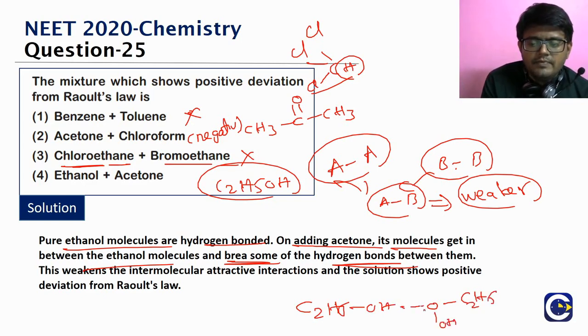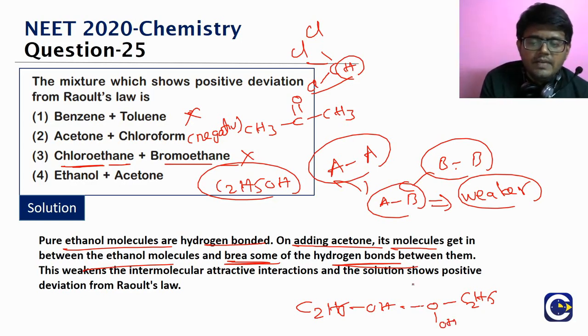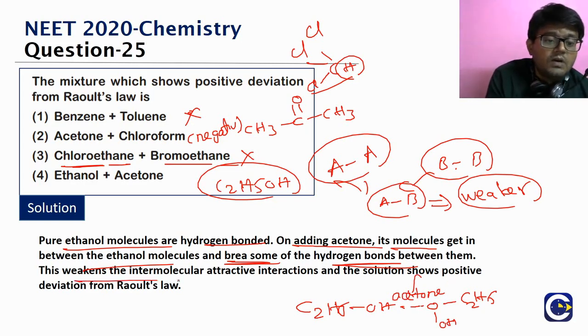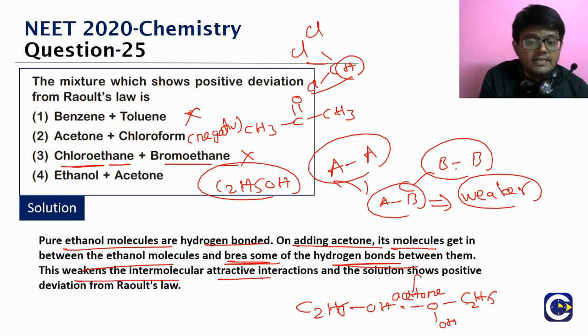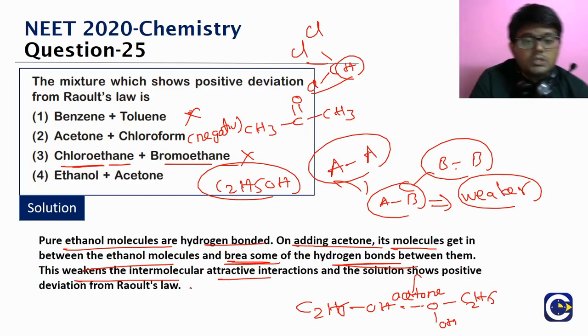Hydrogen bonding will be between the oxygen of one ethanol and the hydrogen of the other. Now if the acetone comes in between, the hydrogen bonding extent is broken. As a result, the AB interactions, the interactions between the acetone and the ethanol, will be getting reduced. So this mixture is going to show positive deviations.